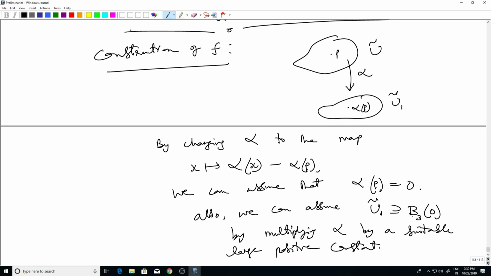In other words, consider C times alpha of x, where C is some large positive number. Then we can assume that the image contains the ball. So this is U1 tilde, and now we have 0 and we have the ball here.